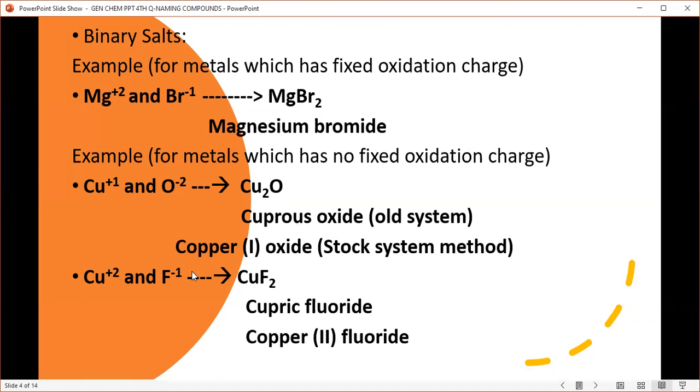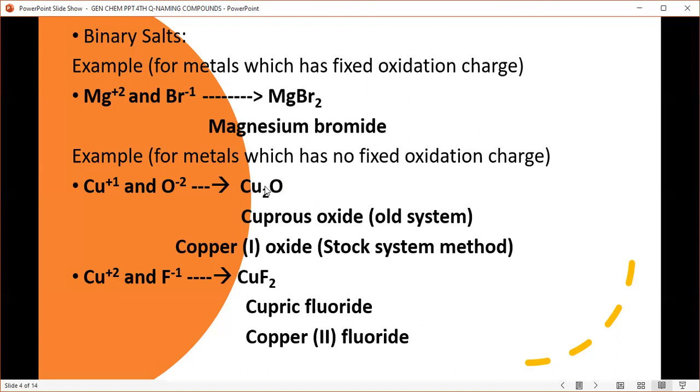Okay. Next we have the stock system method. So just simply write the English name of that specific element. So that is copper, and enclosed in parentheses its original oxidation number. Before we have the specific chemical formula provided to us, we have to know what its original is. So you reverse it.